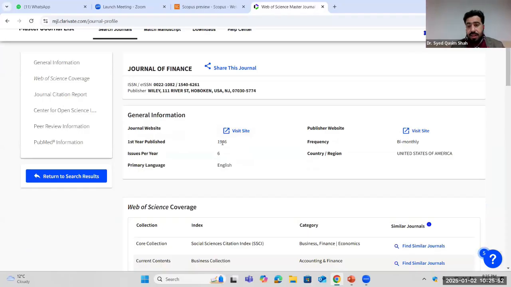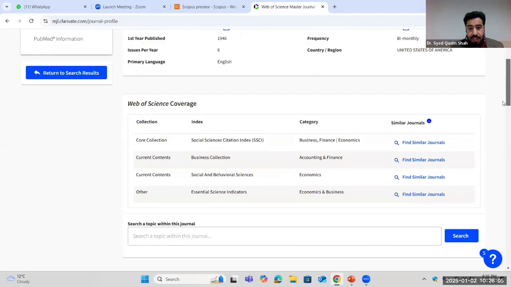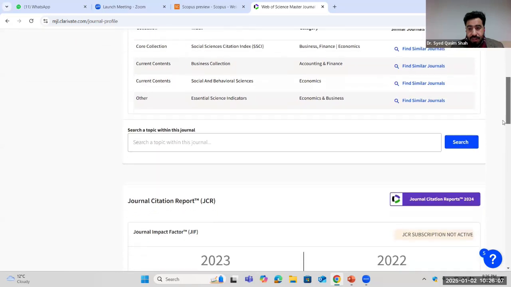So that is a well reputed journal in the field of business. Then how many issues, their primary language, you can see the whole information is there. And this is the core collection, what is their core collection.